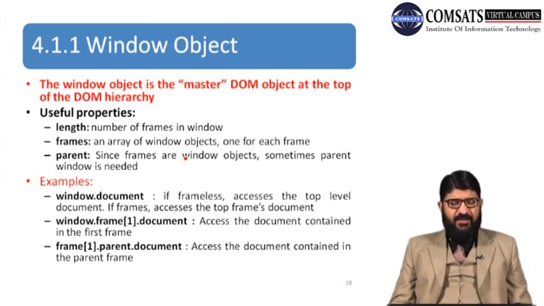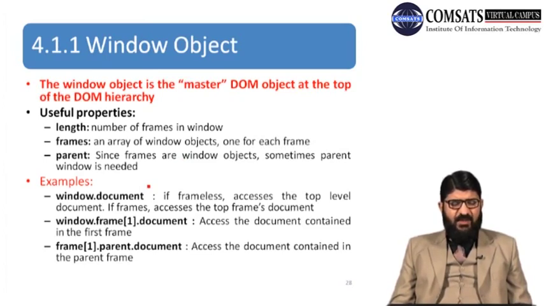Let's see the example of it. So the first one is window.document, and window.document is basically if frameless accesses the top level document, and if frame accesses the top level document, we use window.document.